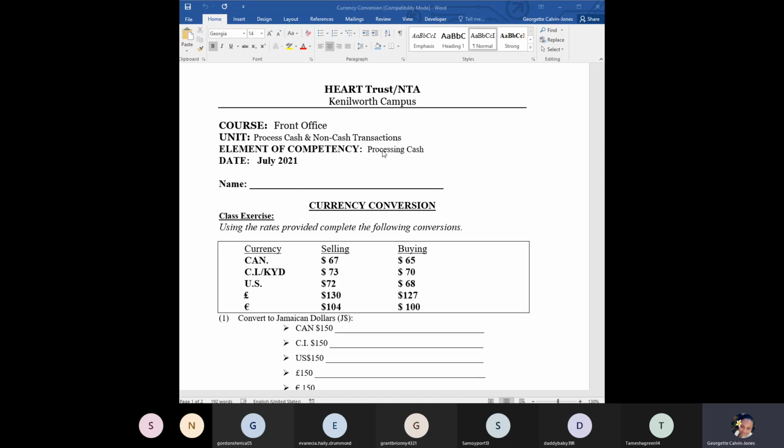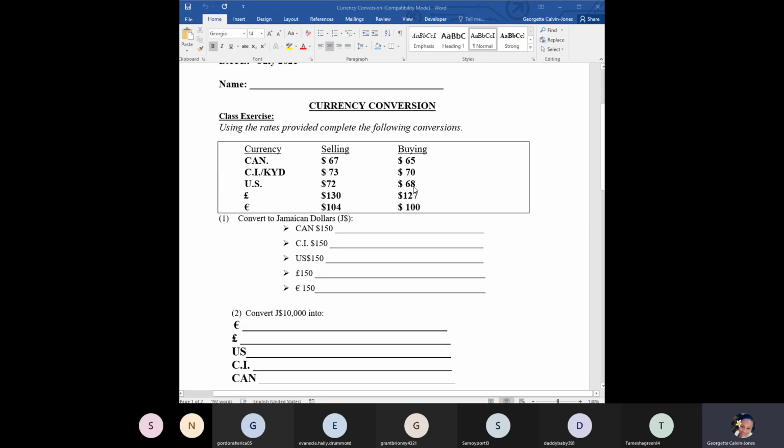And if you have in your hand any international currency, then that's the buying rate that you use. It can be a little bit confusing, I know, because it confused me for a while when I just started teaching this, but I ended up getting it, so I know you will get it too eventually. So let's go with what we have on our screen.